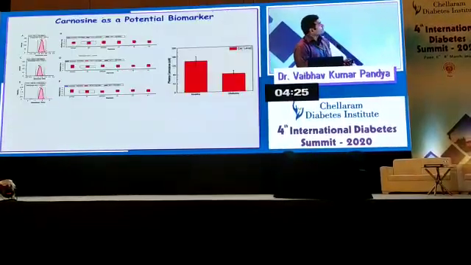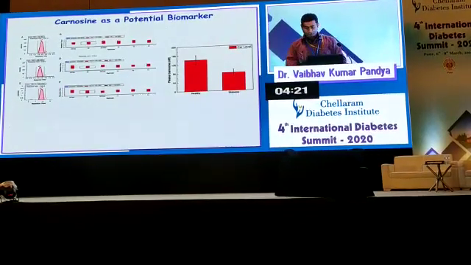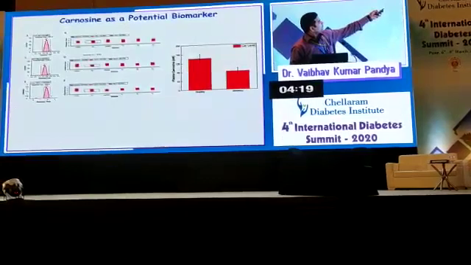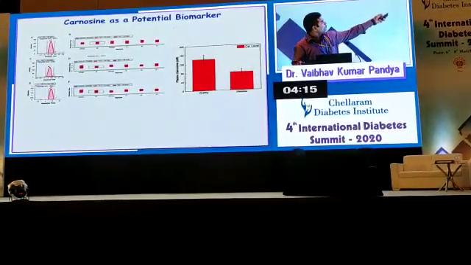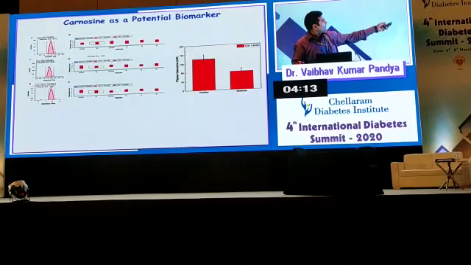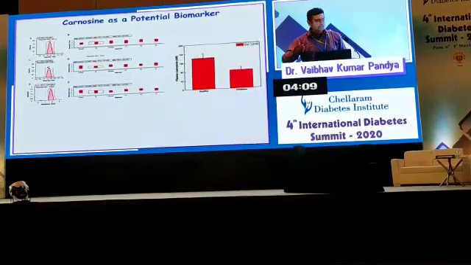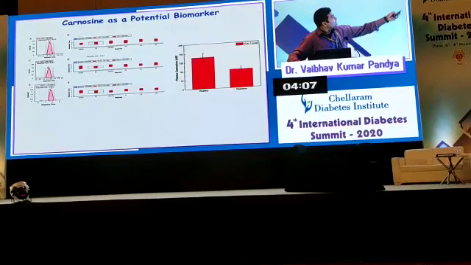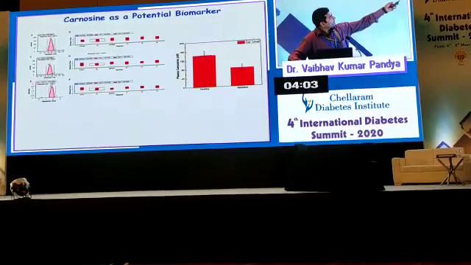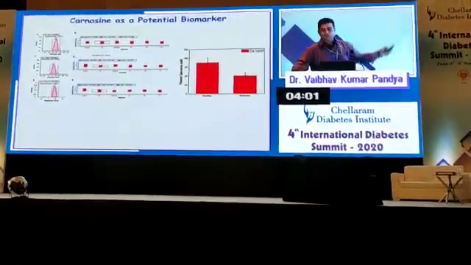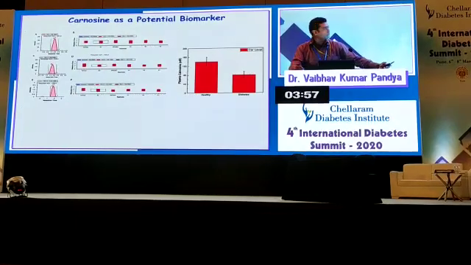Now what we found, for the first time, is that carnosine exists in three forms: 227, 210, and 249. 227 is the actual mass, 210 is the deaminated form, and 249 is the sodium adduct, which is generally found in the mass spectrometer. This panel shows 6 plasma samples from healthy individuals, and the retention time has been shown, which shows the method is really reliable because of the consistency of their retention time.